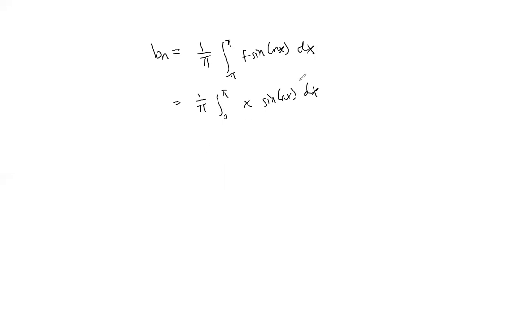Here we don't need to do b0 separately because if you just plug in b0, you're always going to get 0. You get the integral from negative pi to pi of f times sine of 0, which is just 0. So you don't really need to do this.